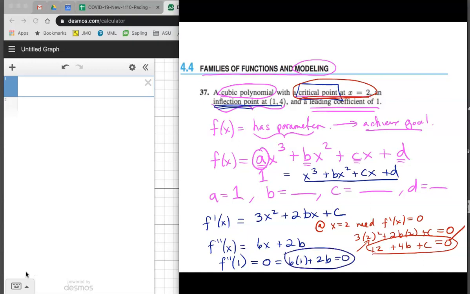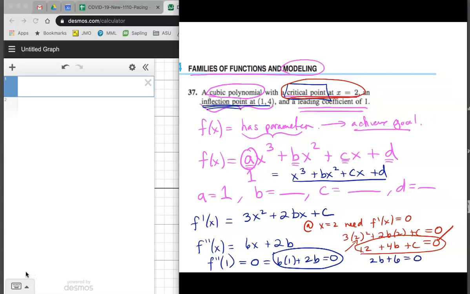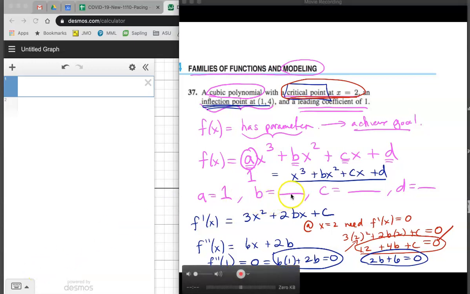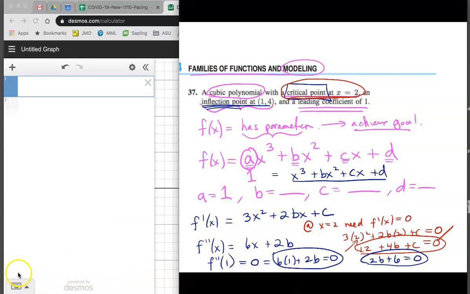So 2b plus 6 has to equal 0. Could you take a moment and look at these two equations and figure out if that tells us anything about what b, c, or d has to be?